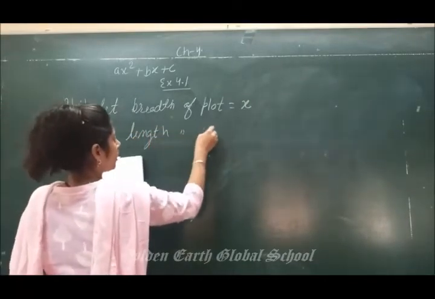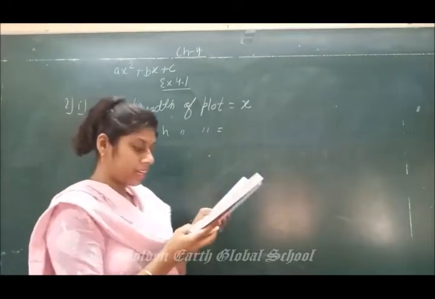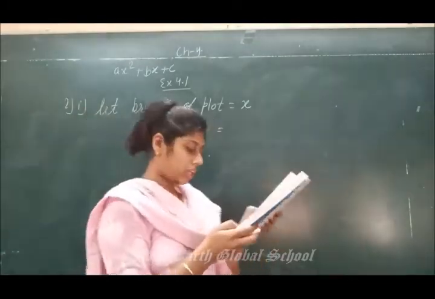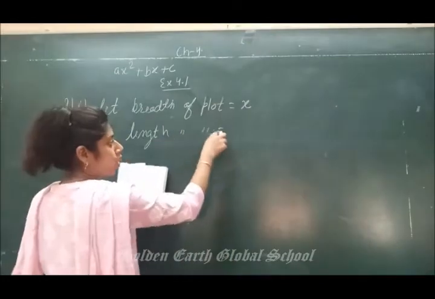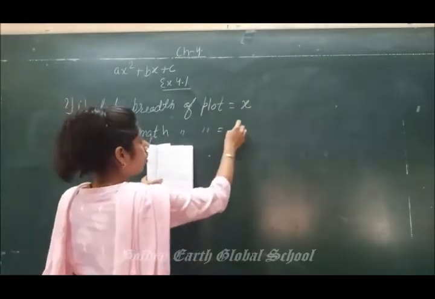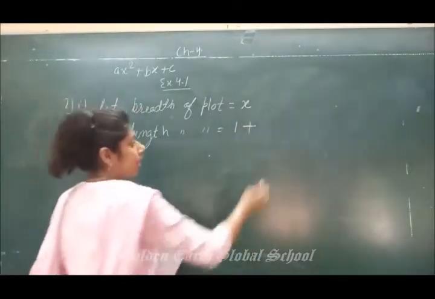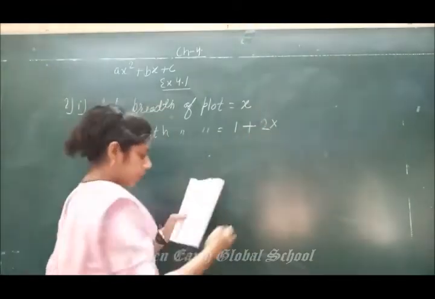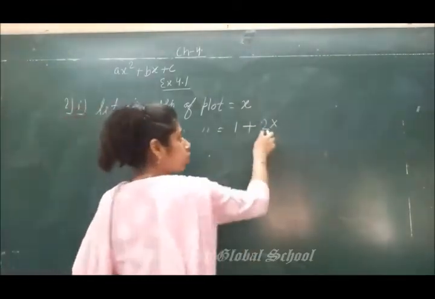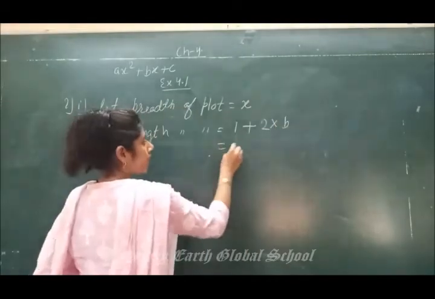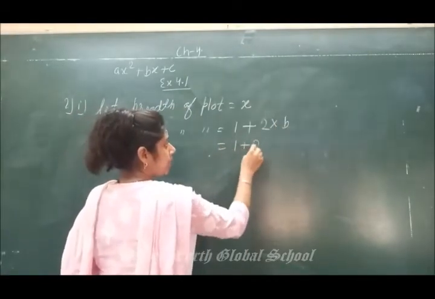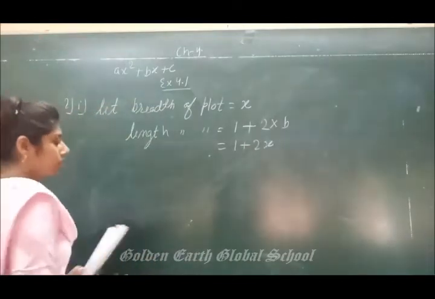So length of plot, see in second line, length of plot is 1 more than twice its breadth, 2 multiplied by breadth. So length will be 1 plus 2x.